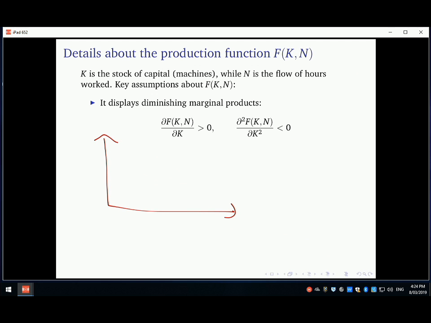here. Suppose you have capital, K, and here you have Y, which is production, right? When you add one machine, suppose there are 10 workers in this company, and you add one machine, you're going to increase production. You add another machine as well. But then, as long as you keep increasing the amount of machines in the production process without changing the other input, which in this case is labor, there's going to be a decrease in returns.